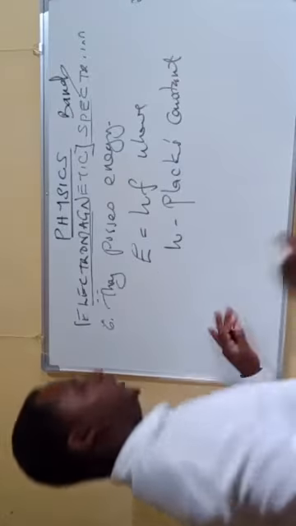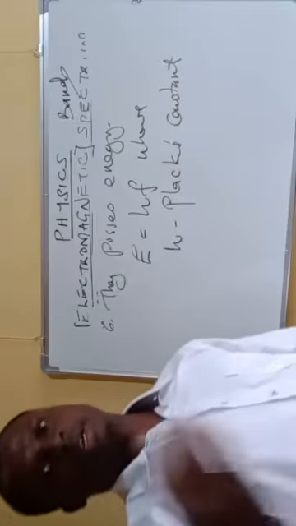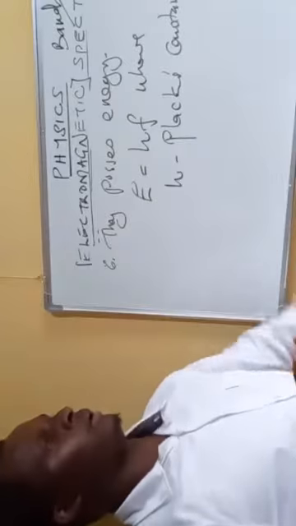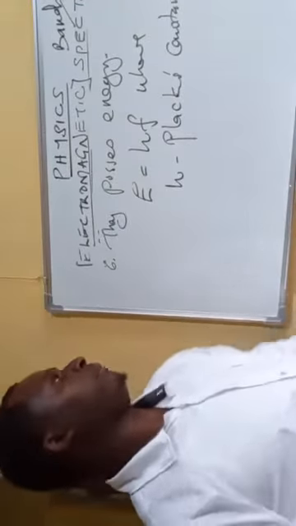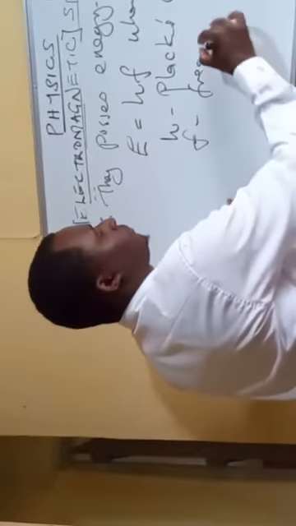We're going to introduce Planck's constant later in atomic physics, in X-rays and photoelectric emission, and look at it in more detail. Then f is the frequency of the wave.